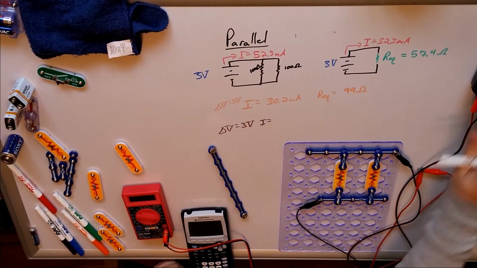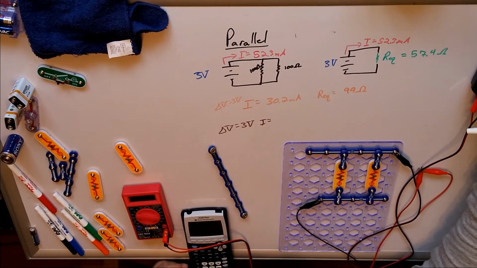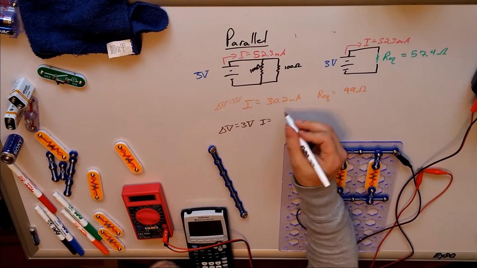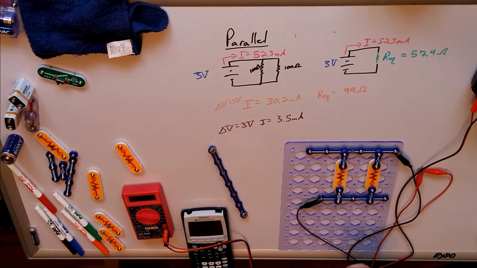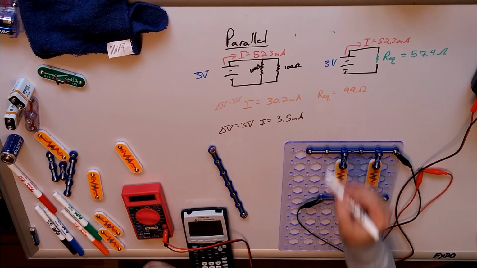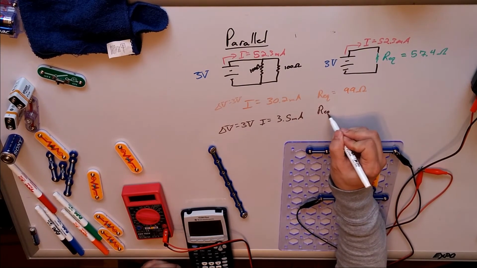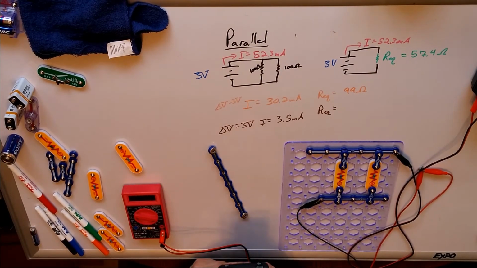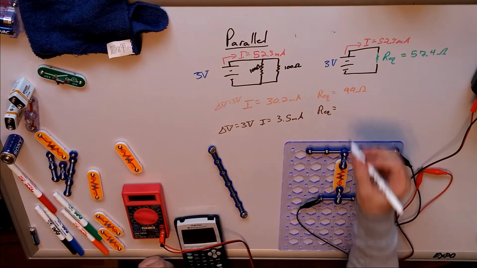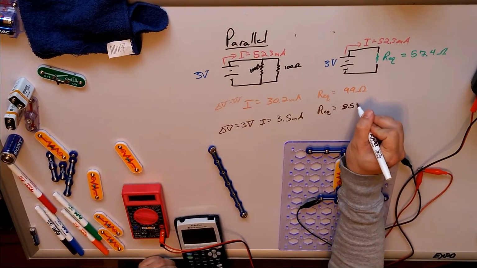Our current is going to be equal to, let's find out, 3.5 milliamp. I could get a better measurement than that, but let's just go with what we've got, 3.5. And that means that our equivalent resistance, in this case, is 3 divided by 0.0035, 857?